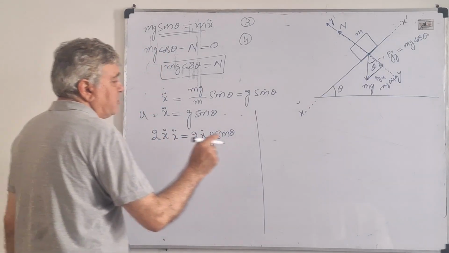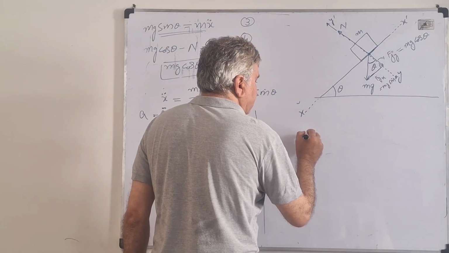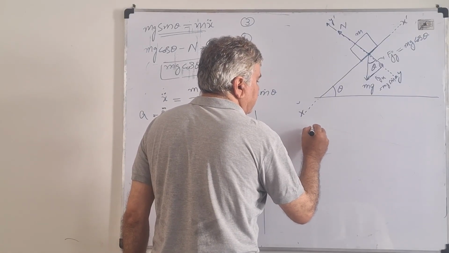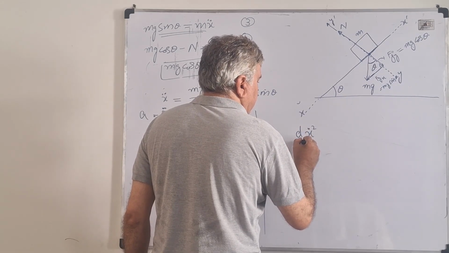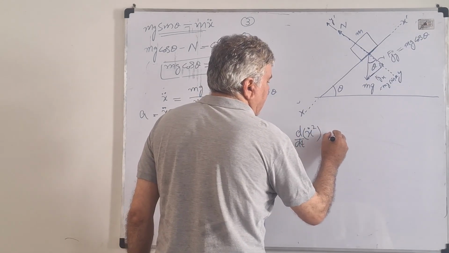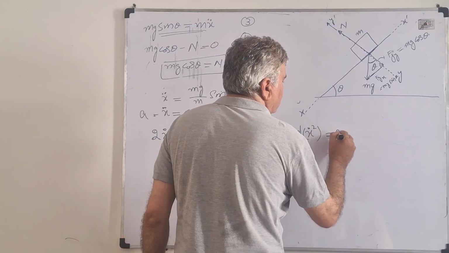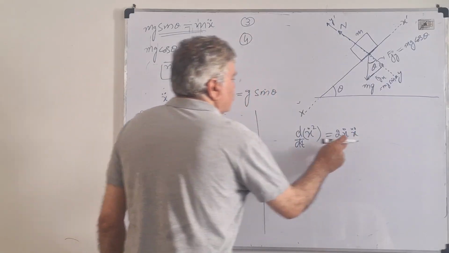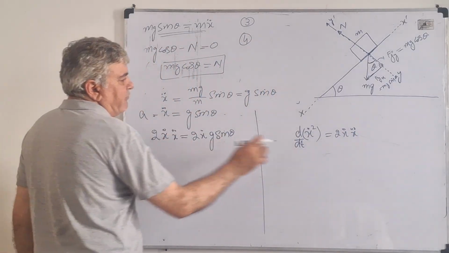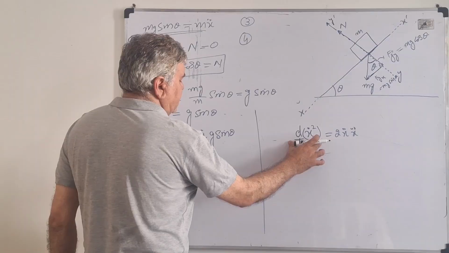And let me do this thing. If I differentiate x dot squared, what do I get? I get 2 times x dot into x double dot. So that means this is in fact the derivative of this thing.